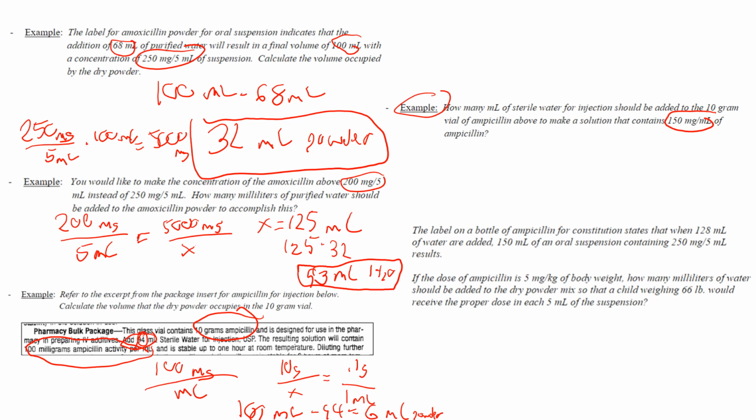So now that we have that, we can finally start to get into this problem. To get our 150 milligrams per milliliter, we'd essentially set up 150 milligrams per milliliter equals, and we'll set it up with our 10 grams again.